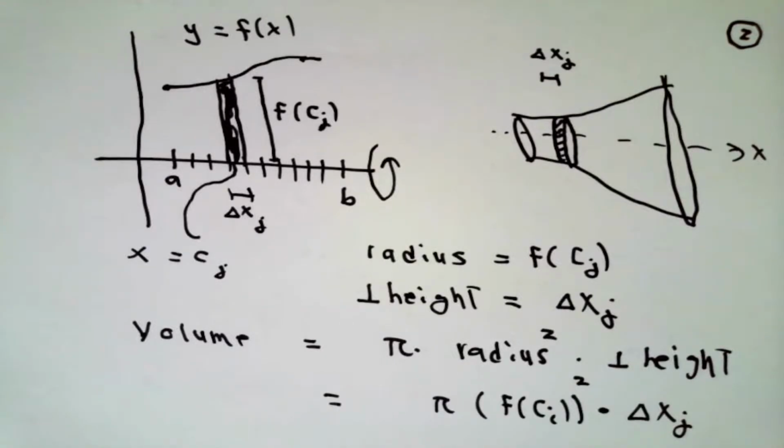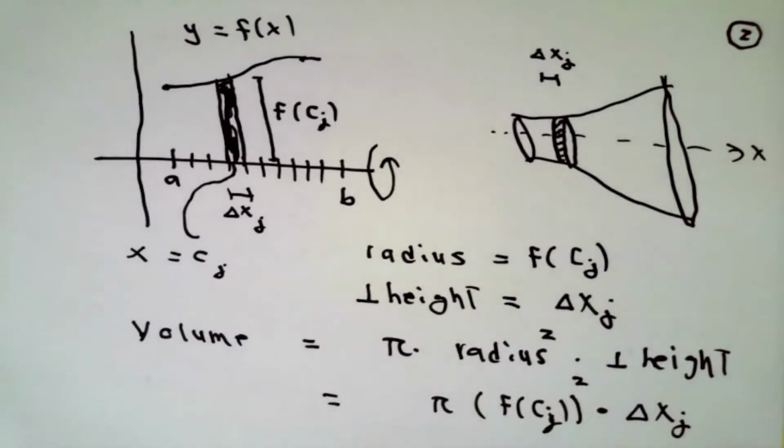For one particular disk, the volume is approximately pi times the square of f of cj times delta xj, and once again I've written i where I meant to write j, so let me repair that.